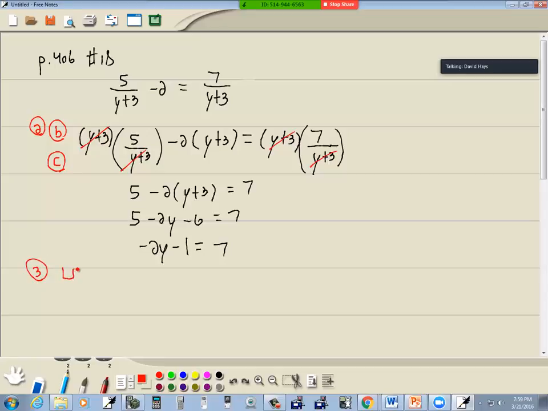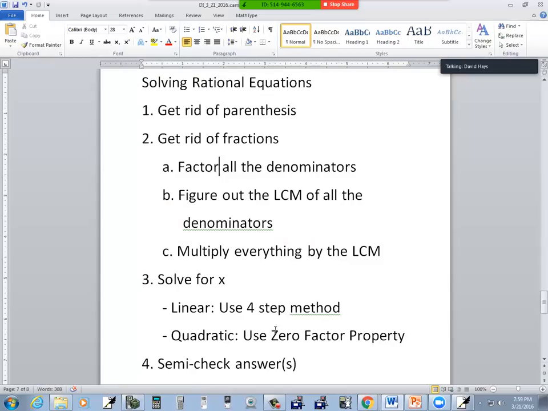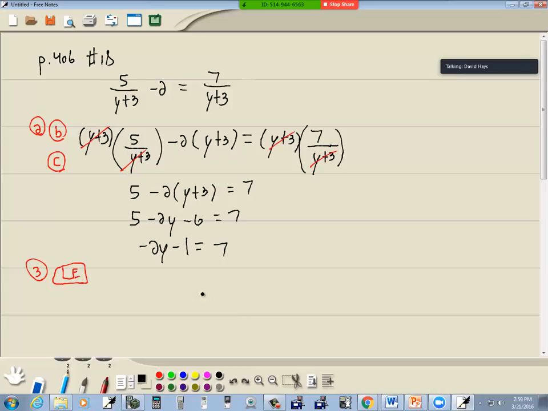And this is a linear equation. Reason why it's a linear equation is we got y to the first power. If we had y to the second power, it'd be a quadratic, in which case we'd use the zero factor property. But this says use a 4-step method. Remember, our first step was get rid of parentheses, don't have any. Second step was get rid of fractions, don't have any.